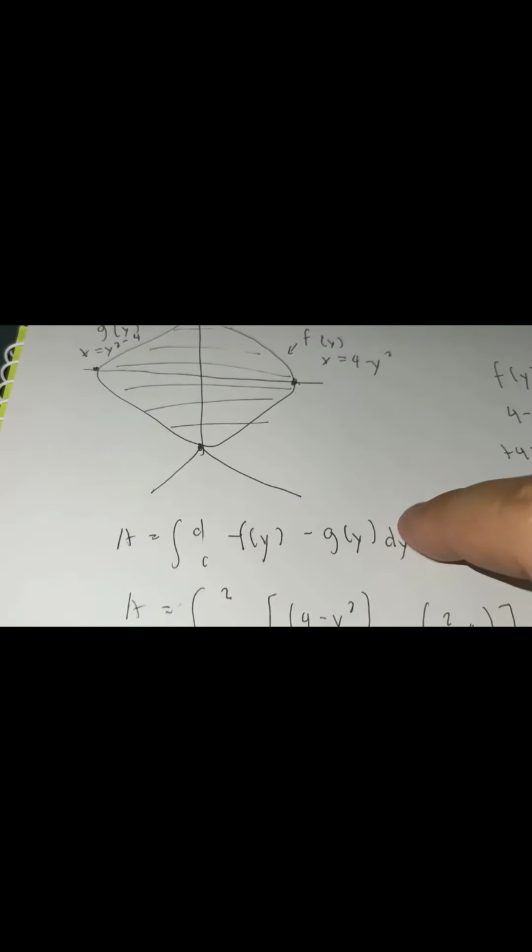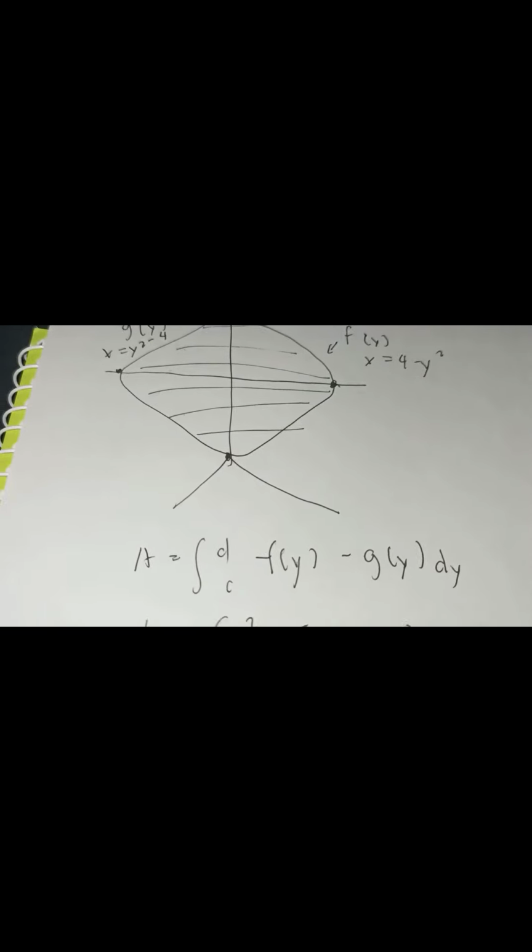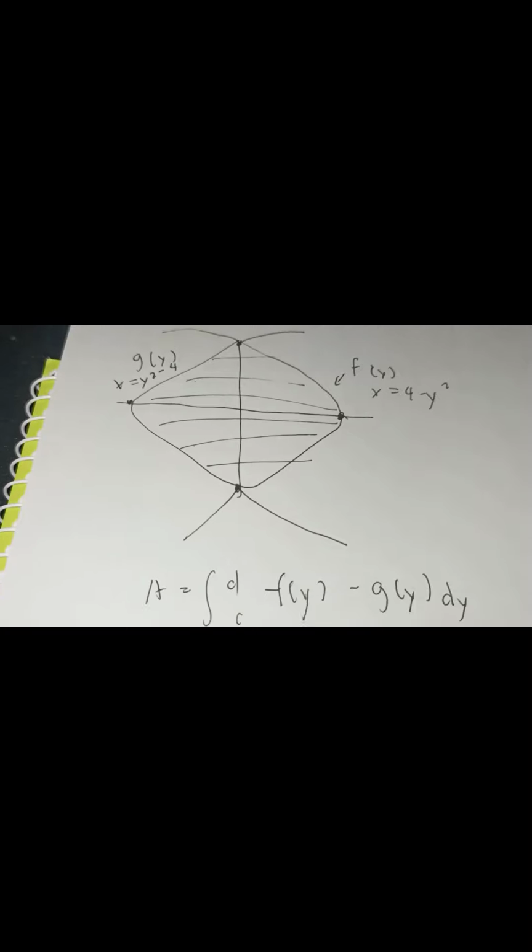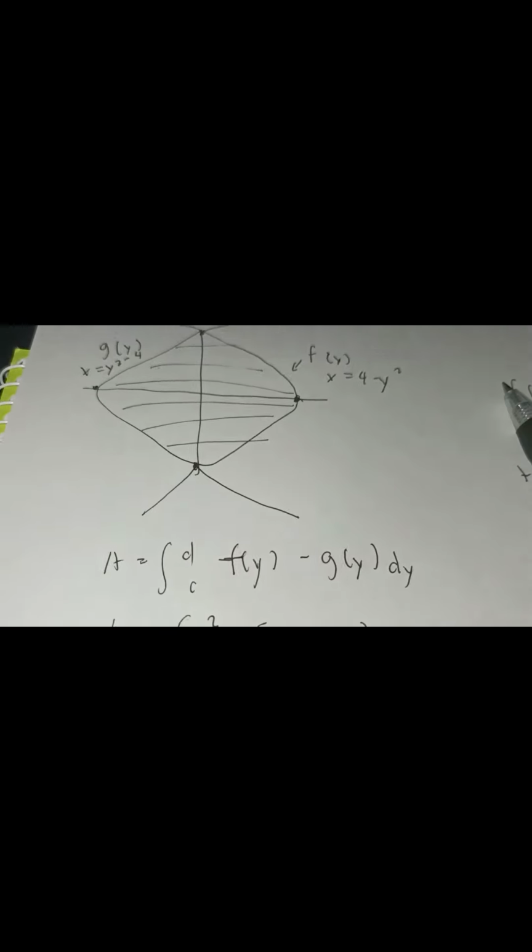We can now calculate the area using this formula, which is area equals the integral from c to d of the quantity f of y minus g of y, dy.